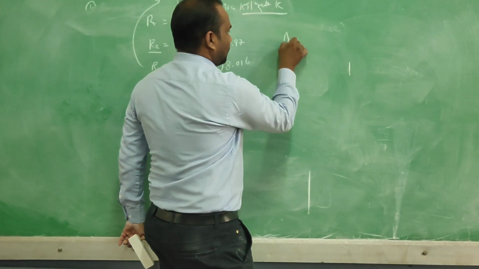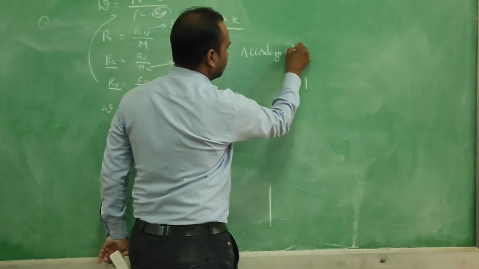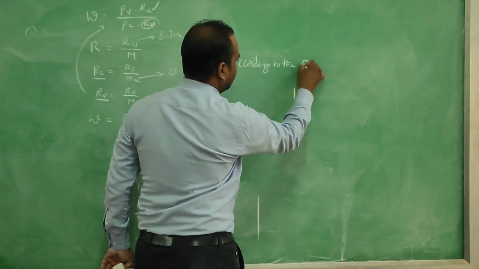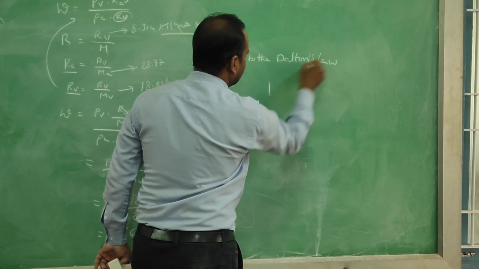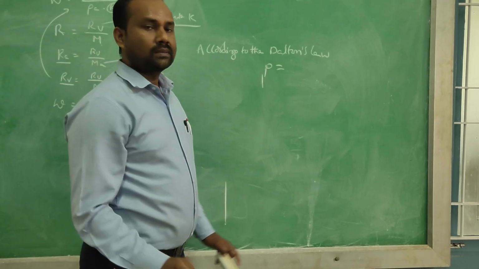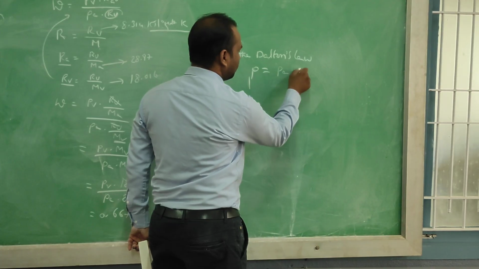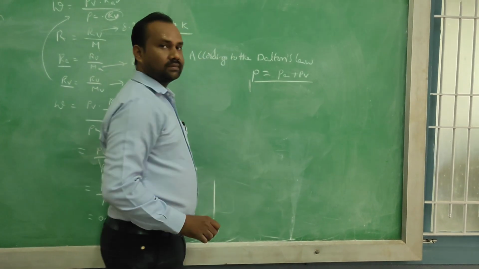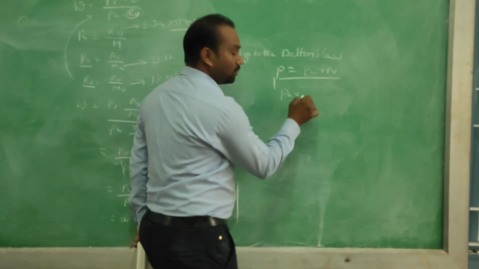According to Dalton's law, the total pressure is always equal to the sum of the partial pressures exerted by the elements. So P equal to PA plus PV. This is Dalton's law. From this law, if I write PA, what do you mean by PA?